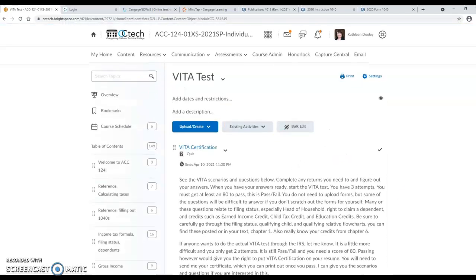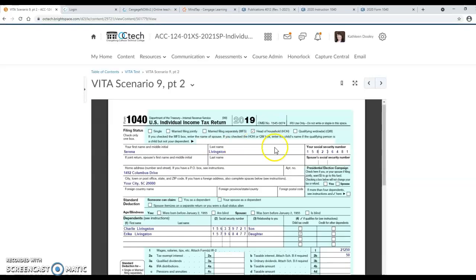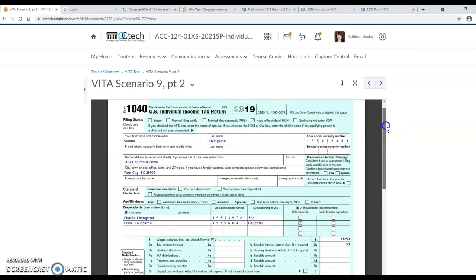Okay, so you can review that information, and then you can look at this VITA Scenario 9 Part 2. And I also have a Form 8812 for Scenario 9. Now these are 2019, but you should still be able to answer the questions that are there.